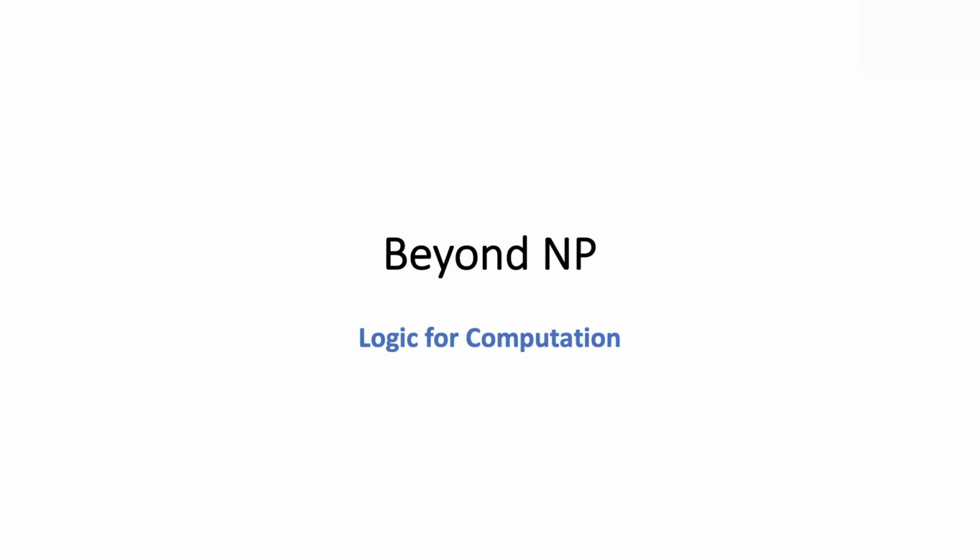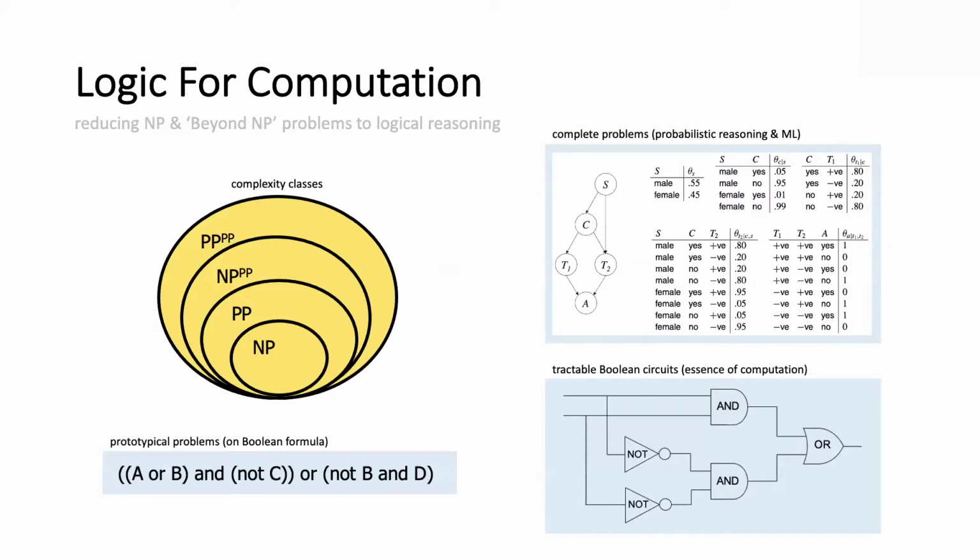It did receive a lot of attention, but a lot of the interesting problems that come, in particular in AI, computer science more generally, are beyond NP. And what we will see is that our interest in this course will be in these 4 complexity classes.